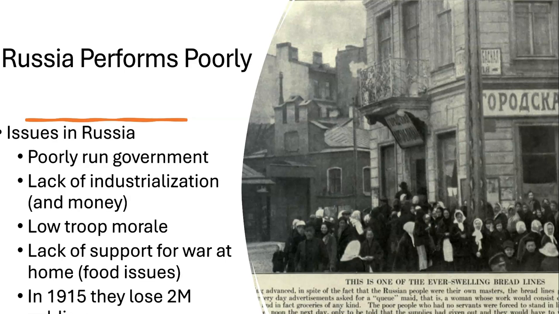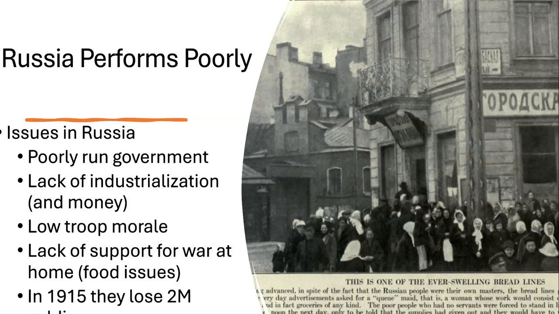All right, now Russia during the war performed pretty poorly. They have a poorly run government, really ineffective and inefficient, and they're still behind the times in terms of industrialization, so they don't have as much money as some of the other European countries that are fighting. Their troops start to have lower morale because they aren't really getting paid. They're not well equipped, and back at home, people are running out of food.